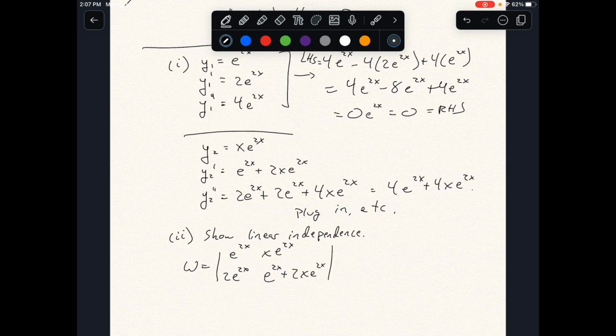And then you want to compute this determinant and then show by simplifying that it's not equal to 0. So if I multiply all this out, we'll get e to the 2x times e to the 2x plus 2x e to the 2x, minus the cross terms here. So that would be 2e to the 2x times x e to the 2x.